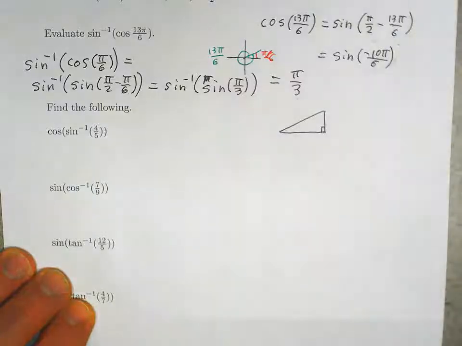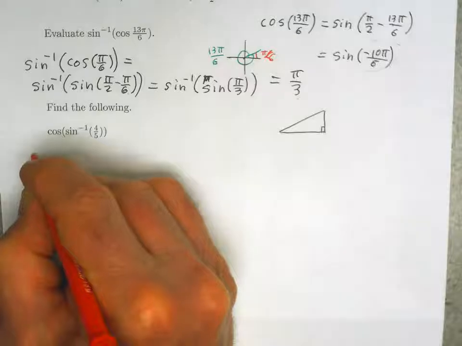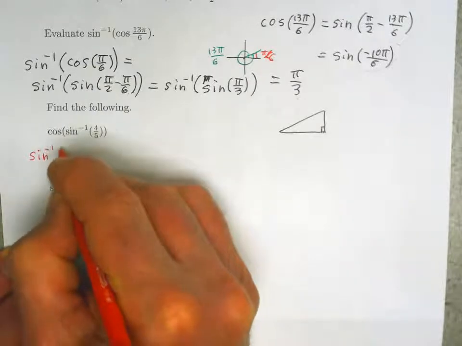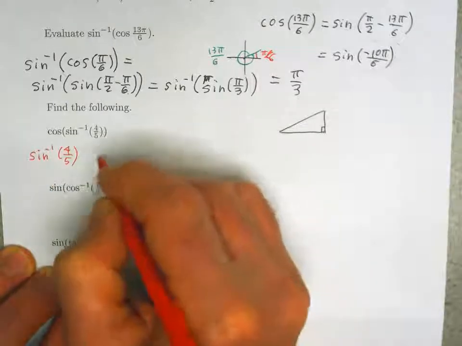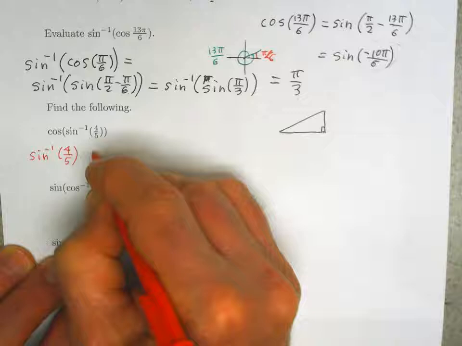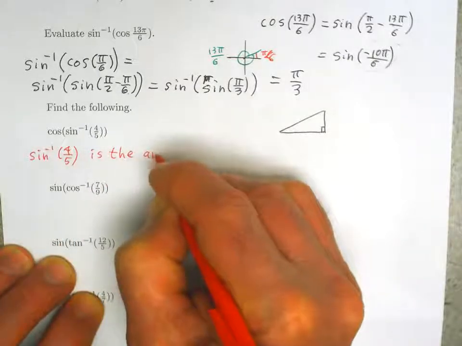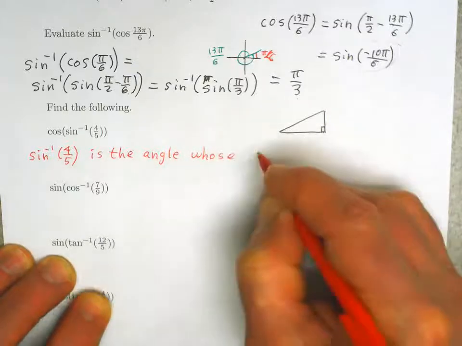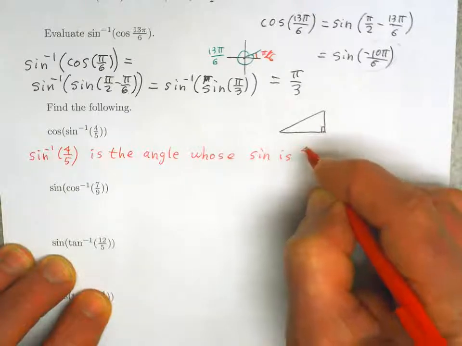So one thing you can do that might help, think of the inverse sine of 4/5. Inverse sine of 4/5 is the angle whose sine is 4/5.